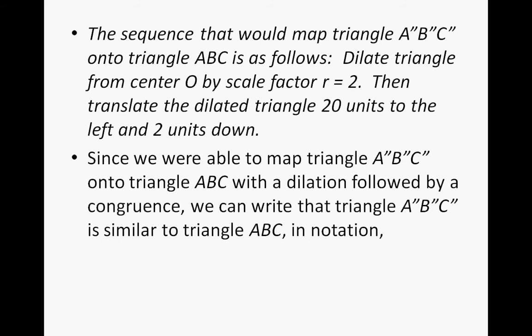All right, since we're able to map triangle A double prime onto triangle ABC with a dilation followed by a congruence, we can write that triangle A double prime, B double prime, C double prime is similar to triangle ABC. And in notation, it would look like this: triangle A double prime, B double prime, C double prime is similar to triangle ABC.